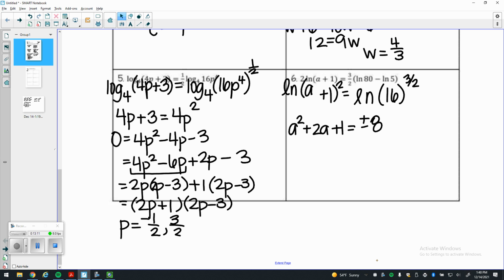A plus 1 times a plus 1. A squared plus 2a plus 1. You have to FOIL it. I probably should have to do a plus 1 squared. Okay. That equals 64. Take the square root of both sides.